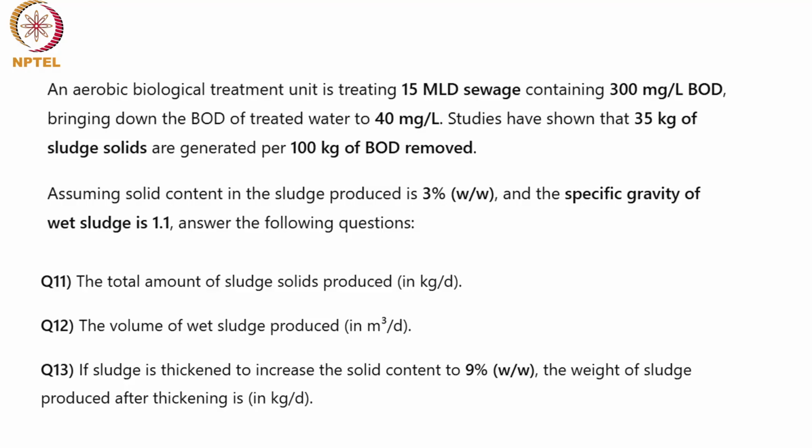The solids weight is going to remain the same, only the percentage is going to change, because we are doing the thickening process. In thickening, the water is reduced so that the solids content is increased.